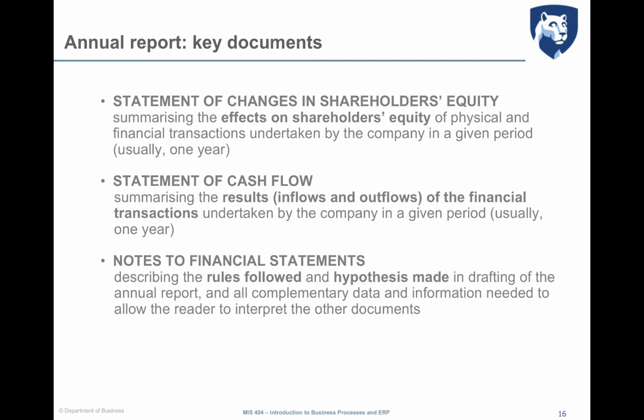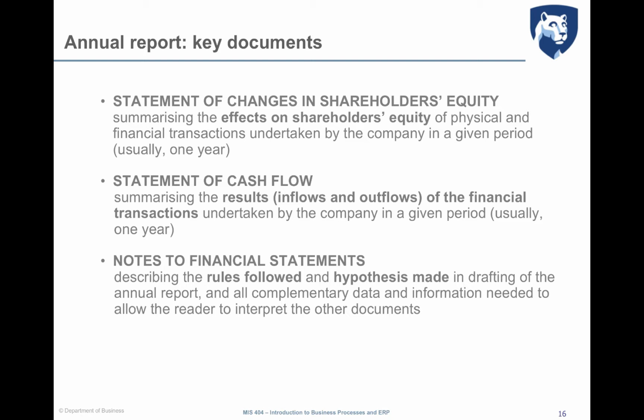Then we have what we call the statement of changes in shareholders' equity. So, in particular, companies are interested in describing how the shareholders' equity composition has varied during the years, according to physical and financial transactions that have interested the company during the years.